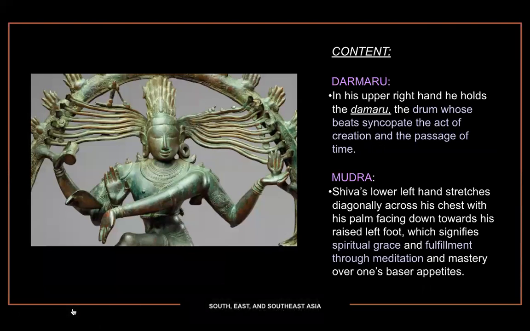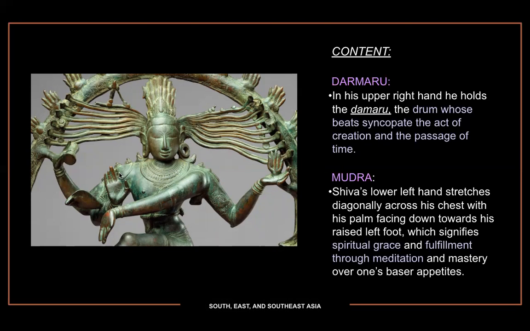And then in his upper right hand, he holds a damaru, and the damaru is a drum. And so there is a syncopation of the universe. So basically it is a way of measuring time. We have the beat of the drum, and it represents the continuation of time in life.